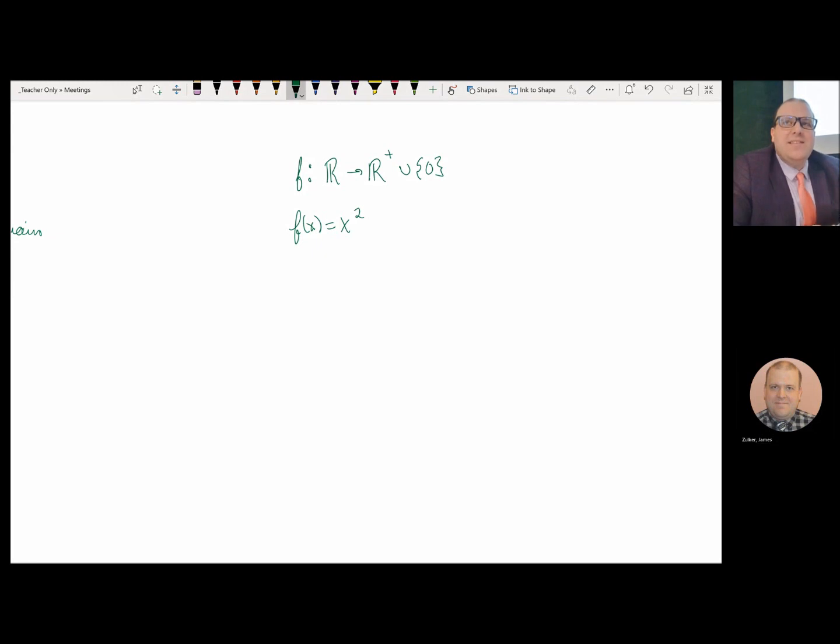And then that's unioned with 0 because 0 is not positive, nor is it negative. So the domain is the set of values that you can plug into the function, right? So it's the values that the function will accept. The codomain is all the possible values you could spit out. But the range is the actual values, right? So just because I have a codomain of all real numbers doesn't mean I can get every real number from the function.